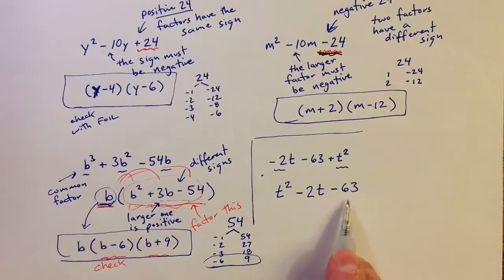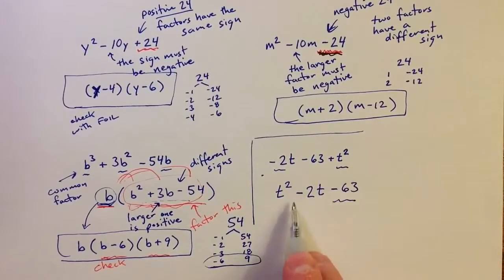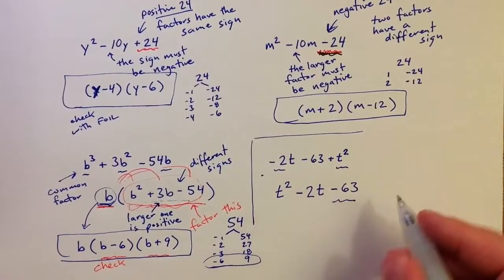So I'm looking for a pair of factors that multiply to equal negative 63 and add to equal negative 2. So think for a moment, are the factors going to have the same sign or a different sign? So the factors will have to have a different sign, because the 63 is negative, and the larger of those two factors is going to be negative.